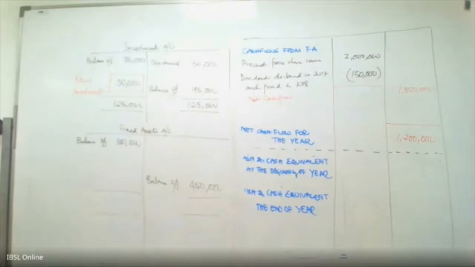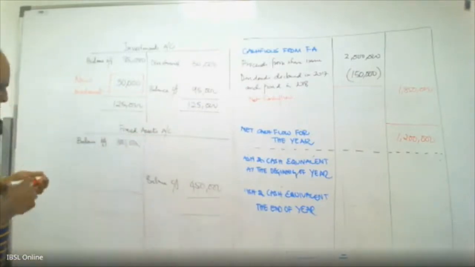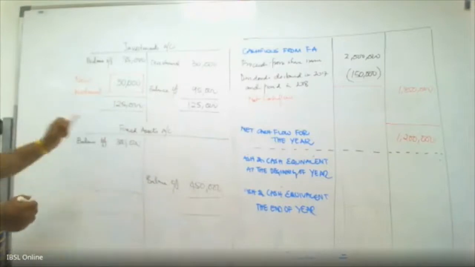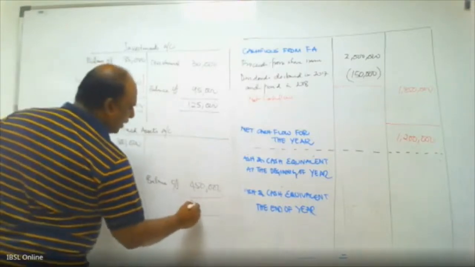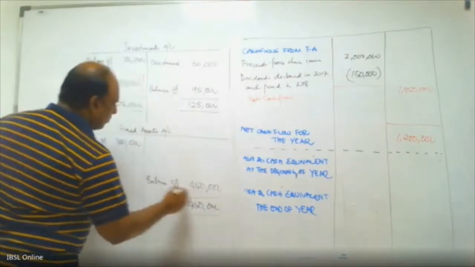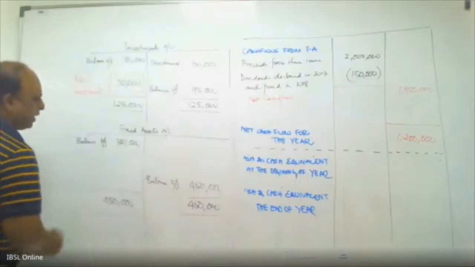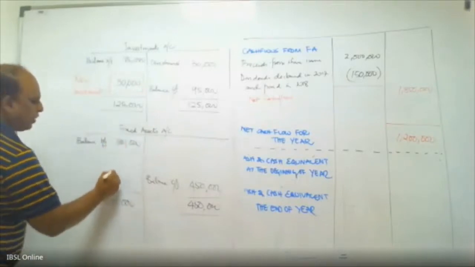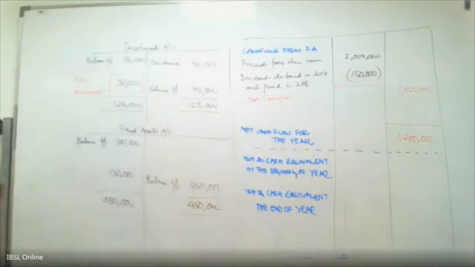Okay. Then we will balance the fixed assets. There are no more transactions and they have said the fixed assets are maintained at cost. So you can balance it. 450 here, 450, and again there is a balancing figure of 150,000 here. Now what is this?